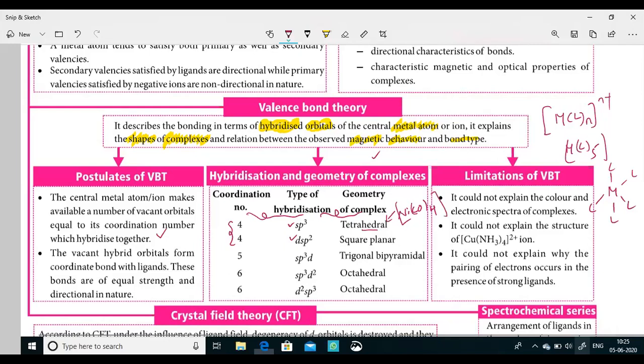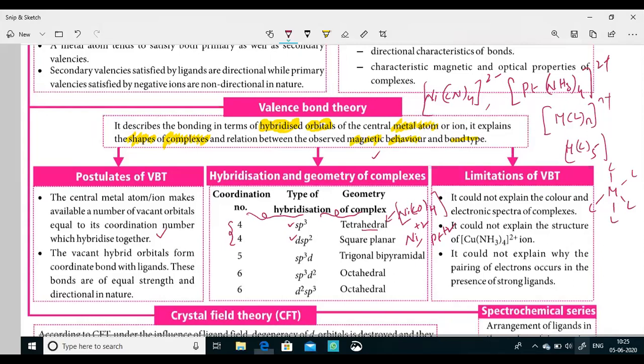Which complexes show square planar geometry? Nickel with +2 oxidation state and platinum also with +2 oxidation state will show it. For example, tetracyanonickelate, and also tetraammine platinum. These also show square planar geometry.